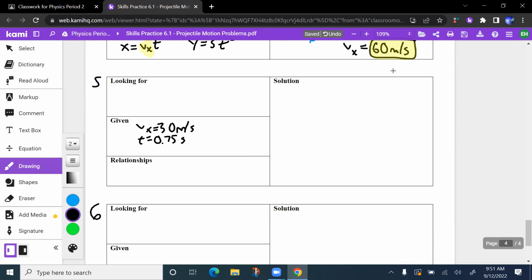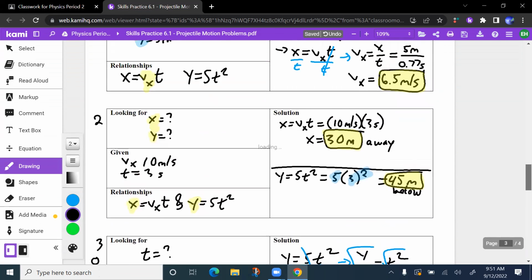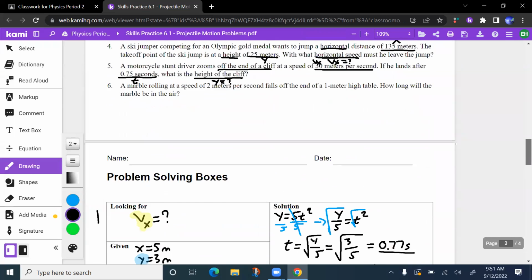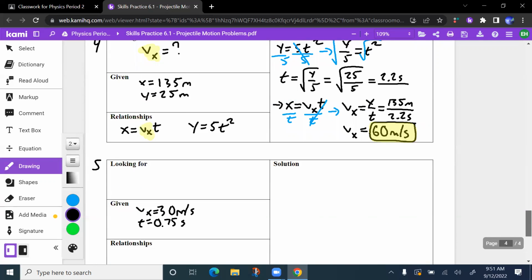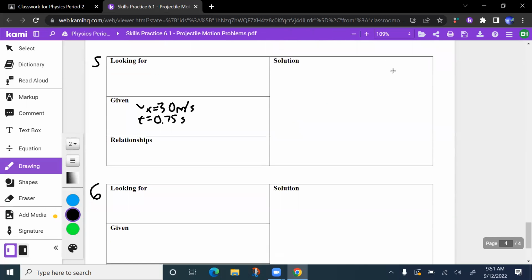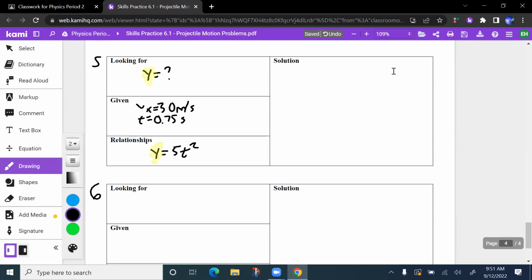And you're looking for, go back and take a look, the height of the cliff, you're looking for y. So the only equation that has y in it is y equals 5t squared. And what's beautiful about this is it's already solved for y, which means you can just substitute directly into the equation. We don't need to rearrange anything.